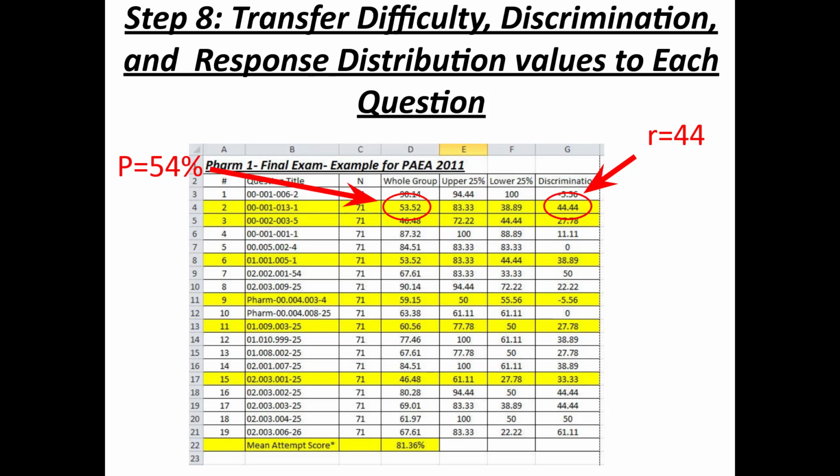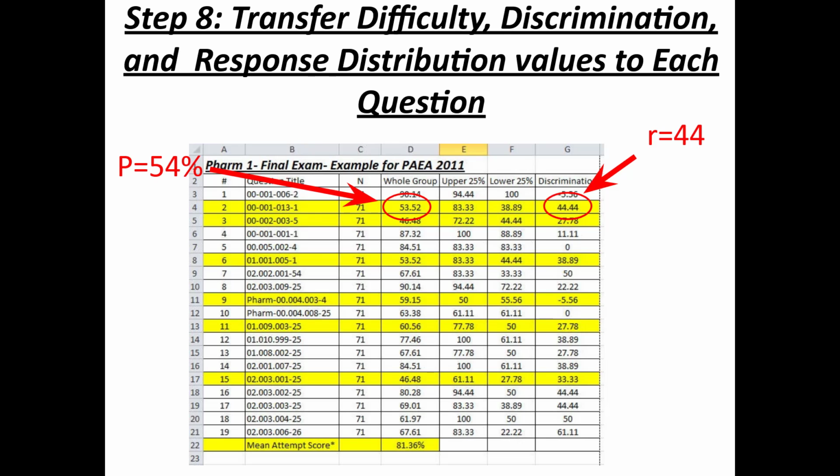Most people, if you're doing this for your faculty, don't want to see all these spreadsheets and have stuff here and stuff there. So when I was the director of assessment, for each exam I would do all this in the background, and then I would print out a spreadsheet as a PDF that showed everything we needed.